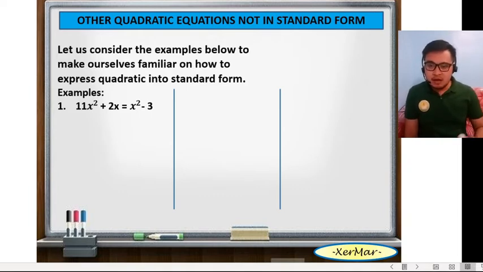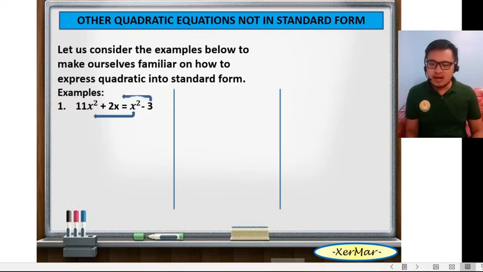Don't forget that when we transpose, the sign will change from positive to negative, from negative to positive. Ang x squared ay i-transpose natin next to 11x squared. And then, ito namang negative 3, dahil constant term siya, i-transpose natin next to 2x.